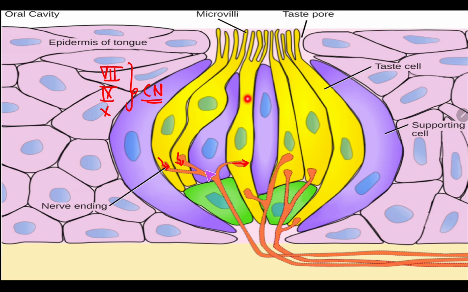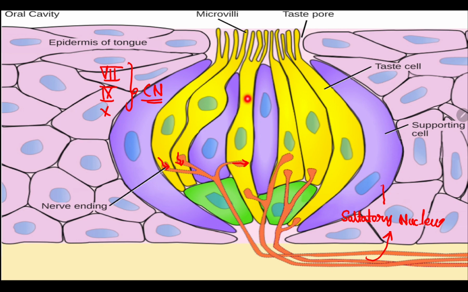That afferent neuron which comes here will depolarize, and then it will take all this information to the brain. In the brain, actually in the brain stem, there is one area that is called the solitary nucleus of the brain stem. So all this information will go to the solitary nucleus of the brain.